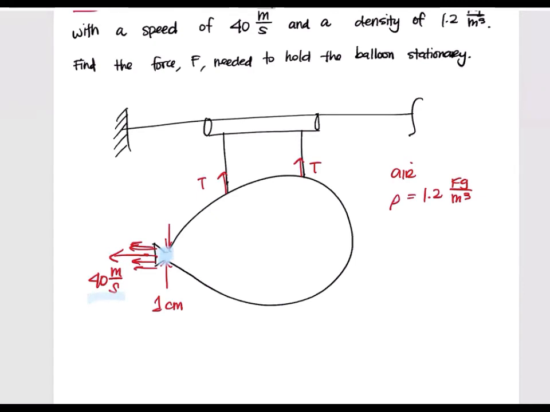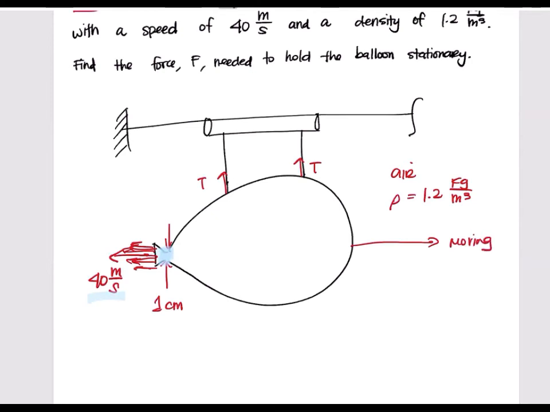Now, what direction is that balloon moving? It's a rocket. It's pushing off in this direction so that it would essentially move in this direction, right? It's moving to the right.